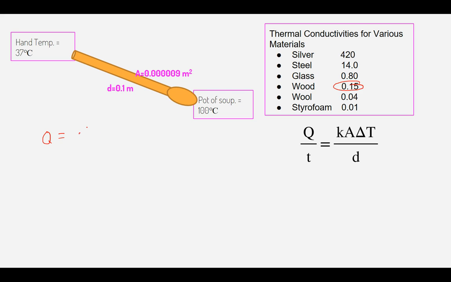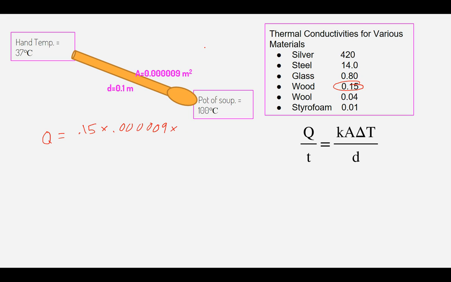So 0.15 is our K value. Let's multiply that by our area, which is a really small number, 0.000009. And then we're going to multiply that by our temperature difference. In this case, it's 100 minus 37, which would be 63 degrees.